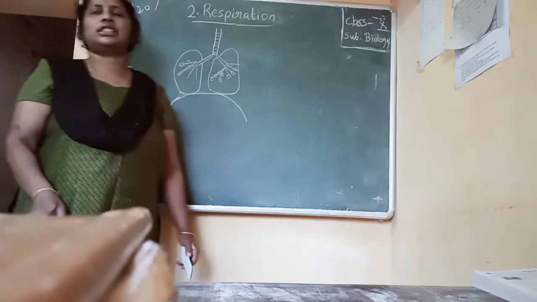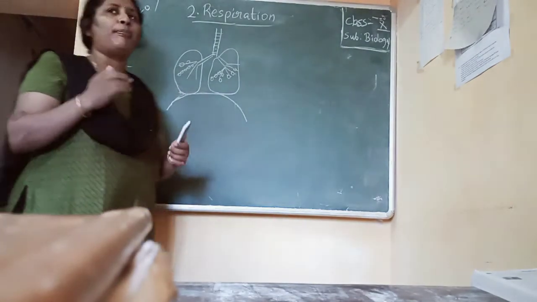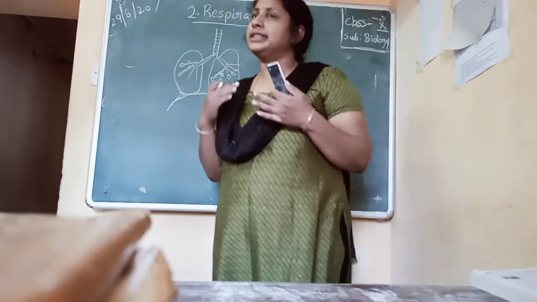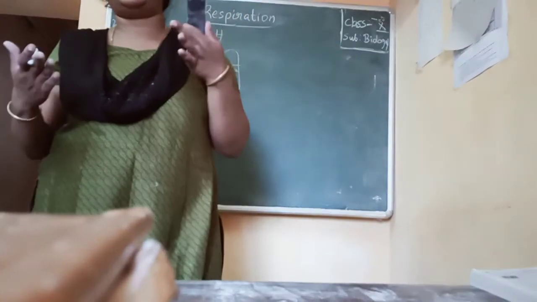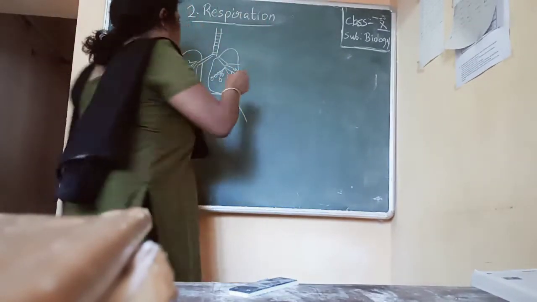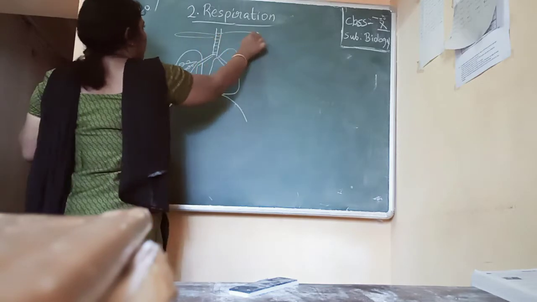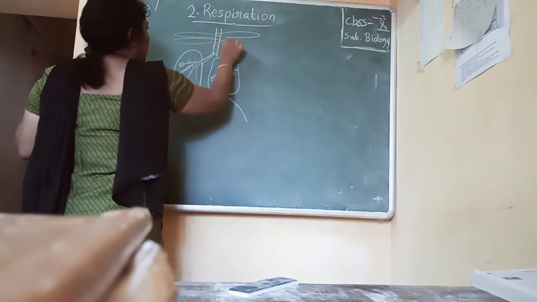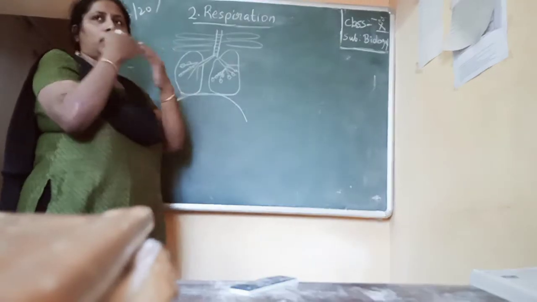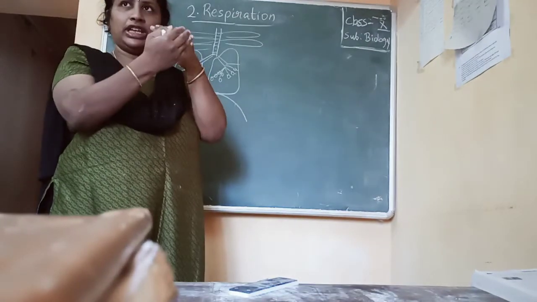Now see, what is the thoracic cavity? We know that the lungs are protected by the rib cage. Imagine that we have the rib cage like this, and inside it we have the lungs.